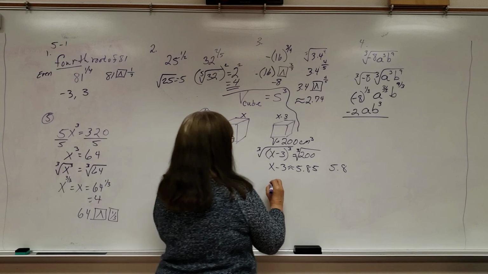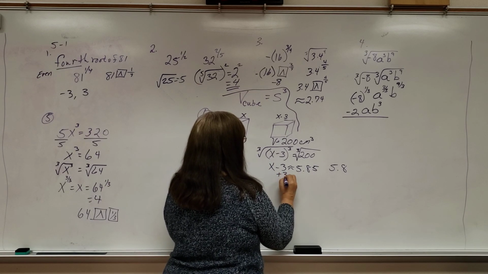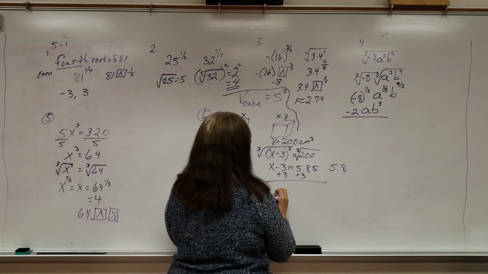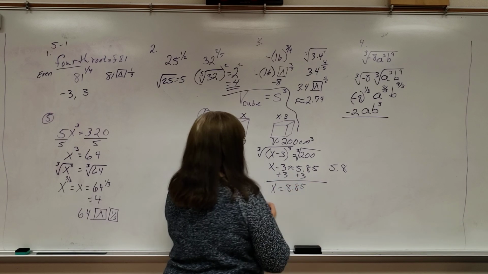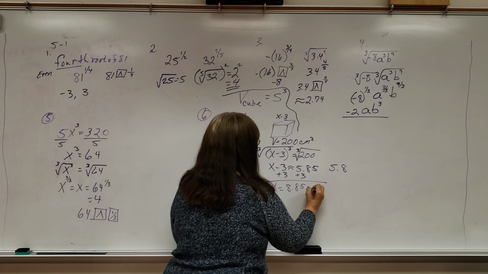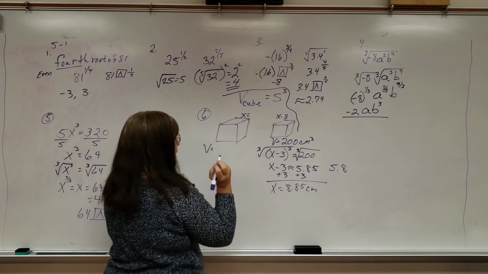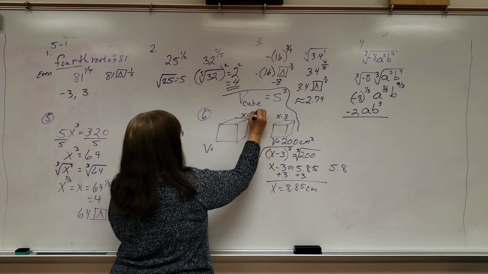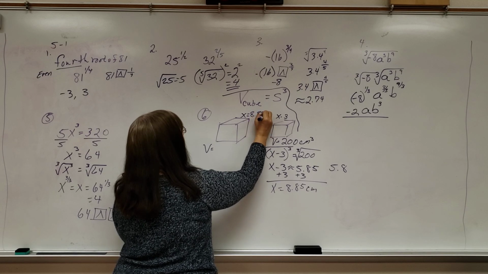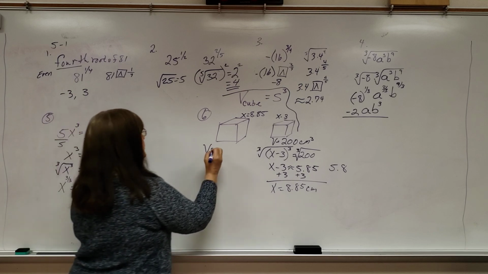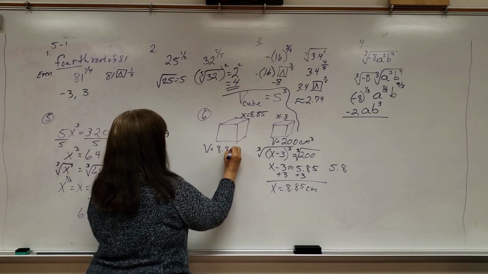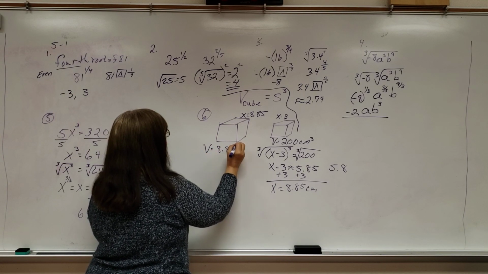All right. Then what's going to happen, I'm going to add 3 to both sides of this, and I'm going to end up with x equals 8.85. So that's what my one side is up here. So this side is going to be 8.85. Now to find the volume, all I have to do is take 8.85 and cube it.